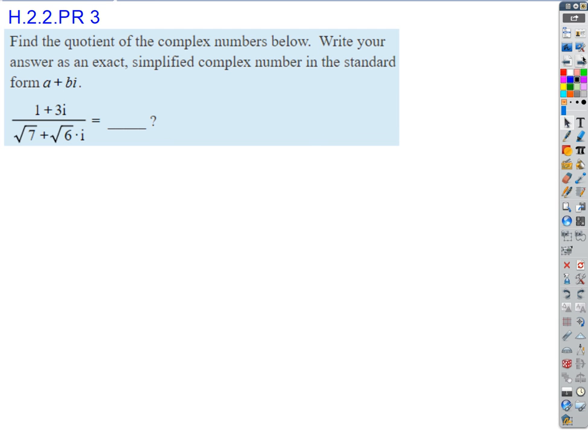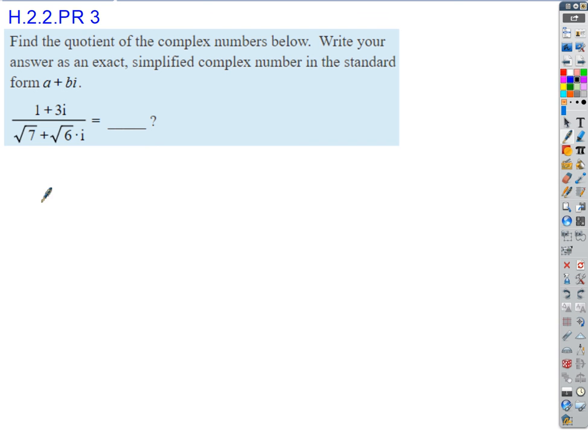So the next assignment's about dividing complex numbers and doing some harder, simplifying some bigger, harder expressions involving complex numbers. So let's focus on a couple of these. What's our strategy for simplifying a quotient of complex numbers? Good. So we can't have i's on the bottom, right? We got to get rid of the i's on the bottom.